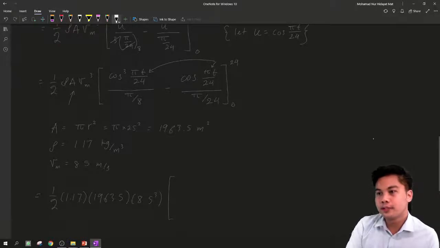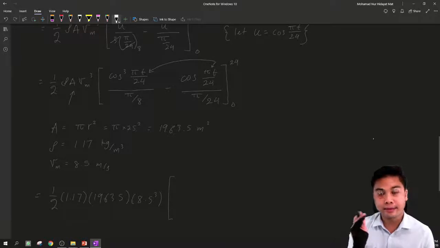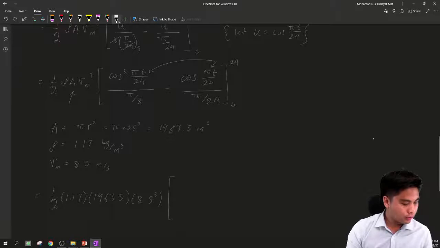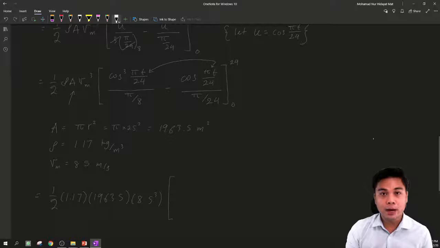Then we substitute time with 24. 24 divided by 24 is 1, so cos pi is equal to -1. Pi in radians is 180 degrees, so cos 180 is -1. And -1 to the power of 3 is -1 as well.